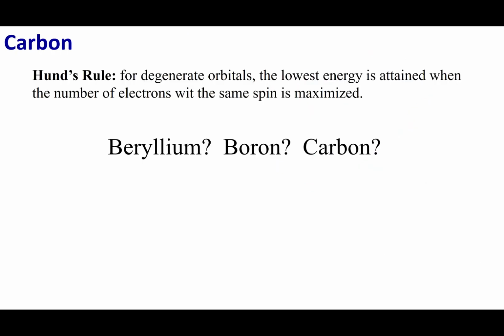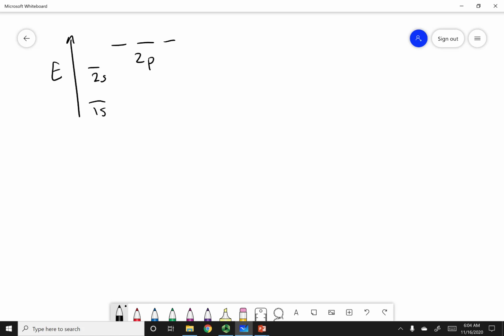Let's do beryllium, boron, and carbon. So I can draw my energy diagram out, and let's start with beryllium. Beryllium has 4 electrons. So 1, 2. The third one is going to be just like lithium and goes in the 2s orbital. And then the fourth electron, I'm going to pair up in that 2s orbital.